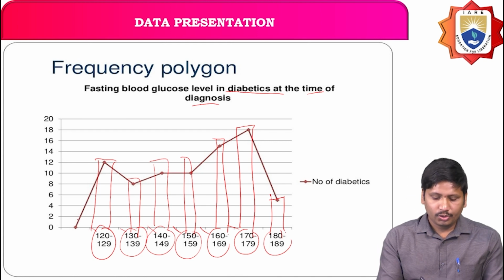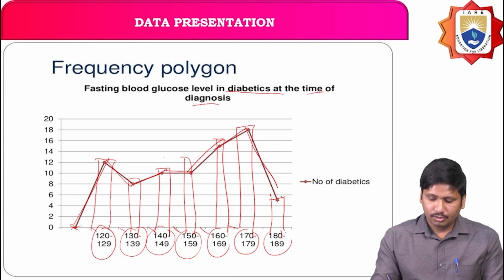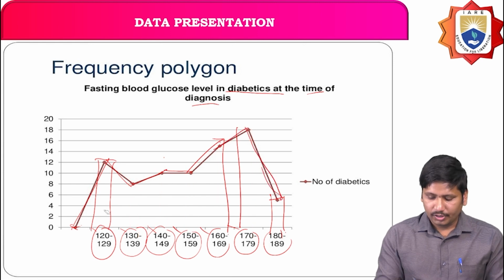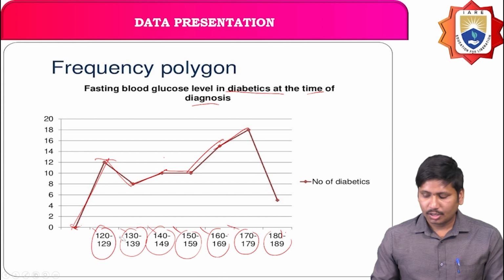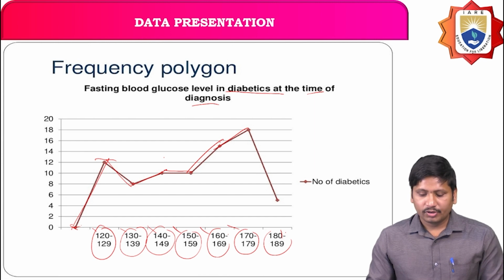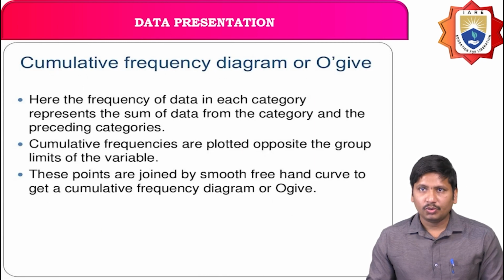So if I connect the midpoints, the centers of the bars, at that time it becomes a frequency polygon. Like this I have to draw it, and then it becomes the frequency polygon. The frequency polygon you can draw like this.